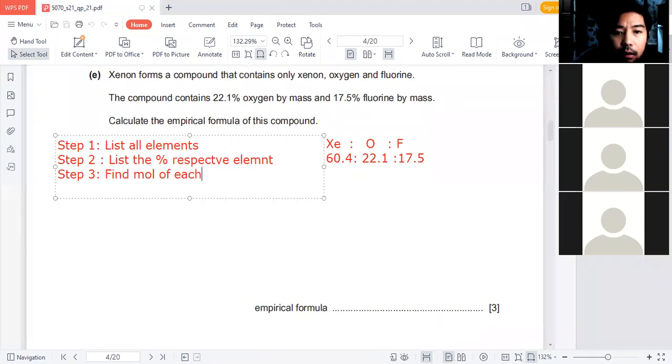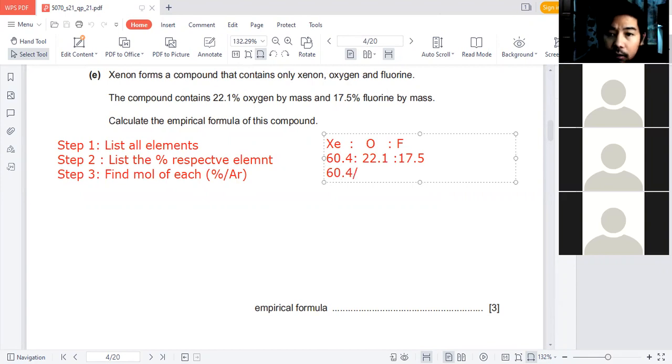How to find the mole? Percentage over Ar. So here I'm going to have 60.4 over, what is the Ar of xenon?